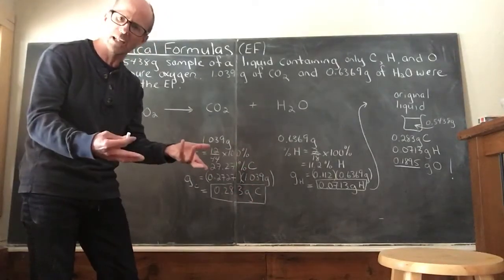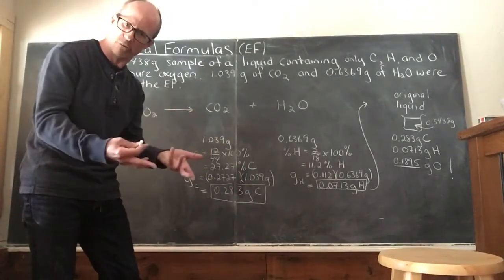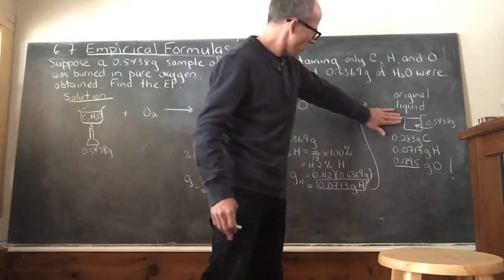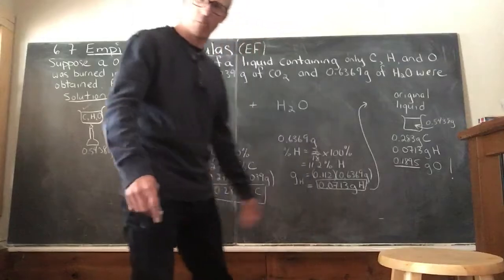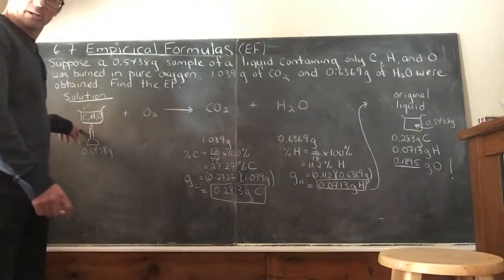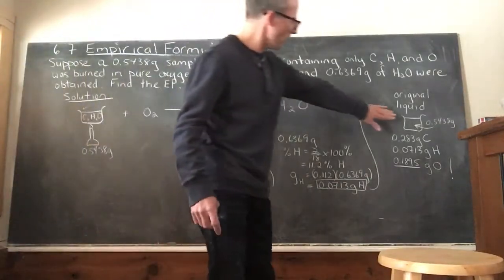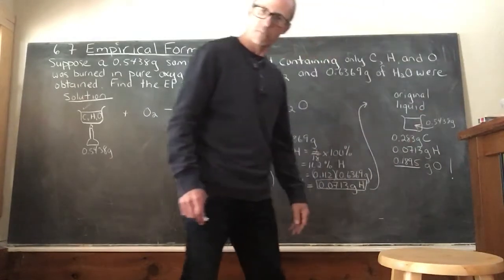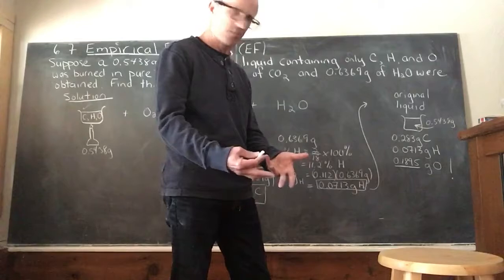We're almost ready to figure out the oxygen, but I figured a picture might explain it. So this is back to our original sample. Whether you look at it over here or whether you look at it here, we started with 0.5438 grams, and we knew that there were three elements in it.